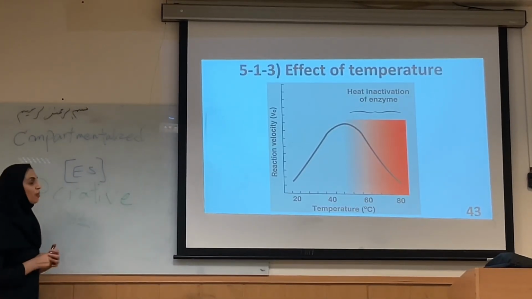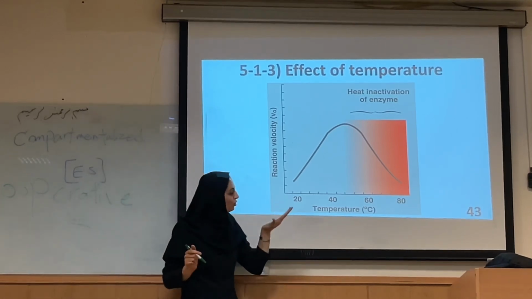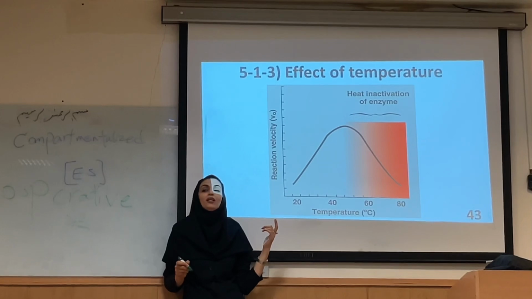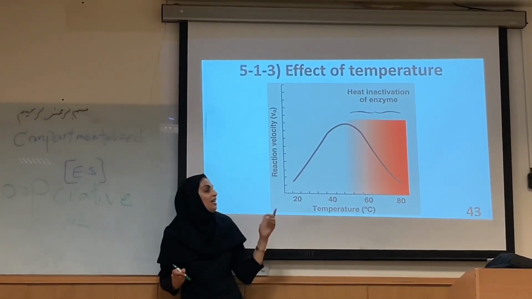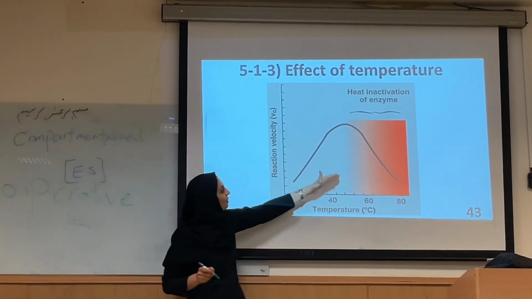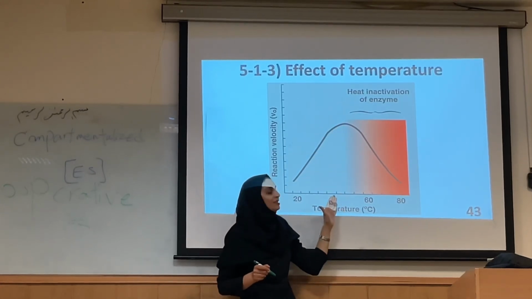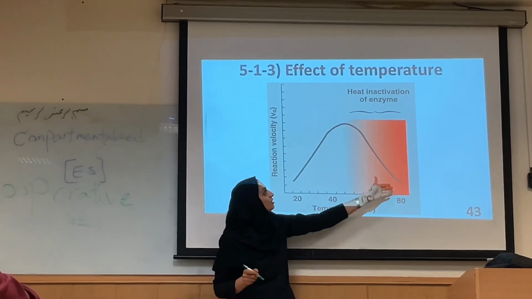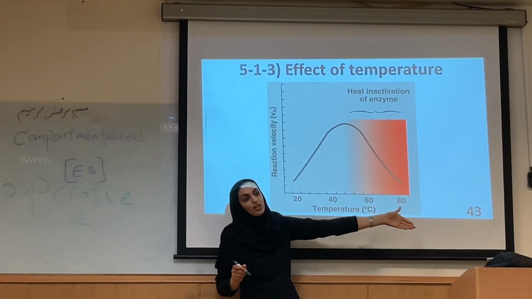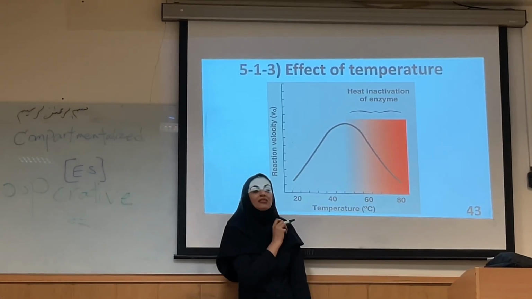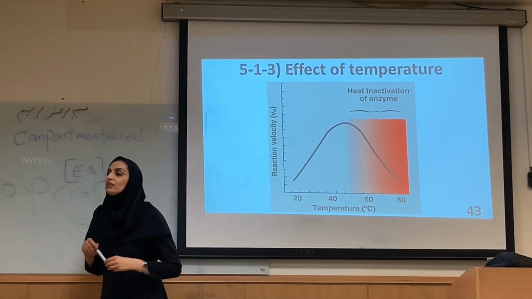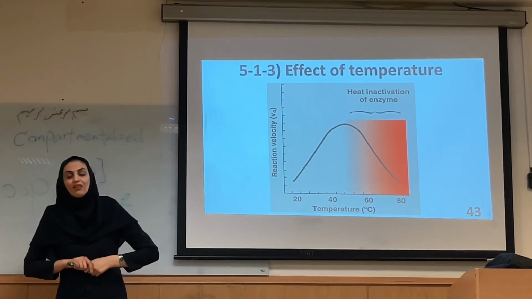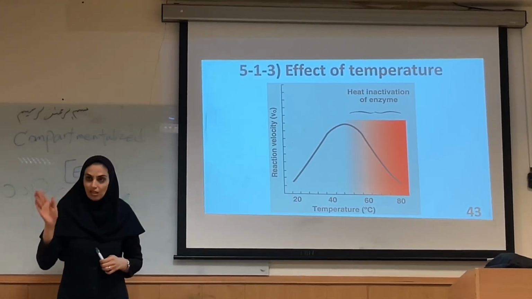About the effect of temperature, guys, all of you know that protein at high temperature starts to be denatured. That's why the enzyme activity will increase up to a certain temperature. After that, it will decrease because of denaturation. And this is the reason why the body temperature shouldn't be more than 41, and after 40 it is dangerous.